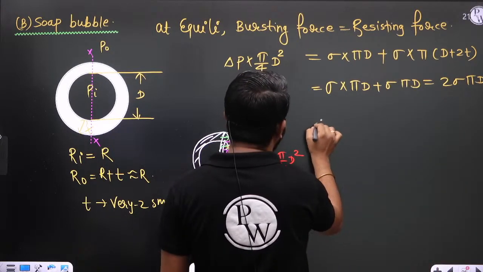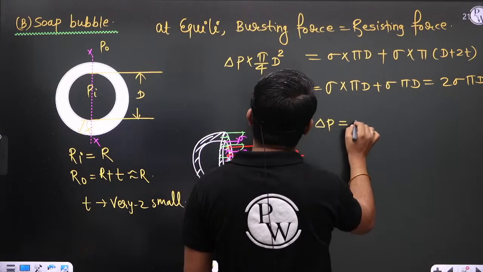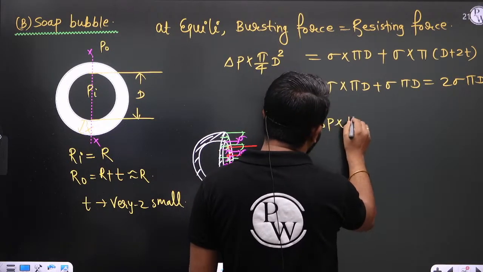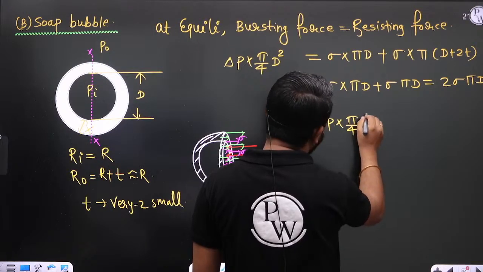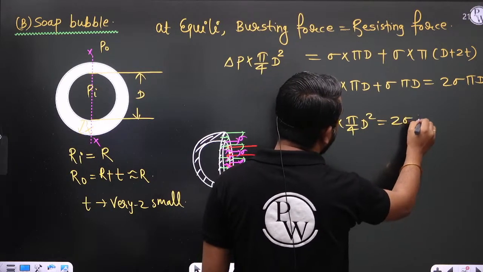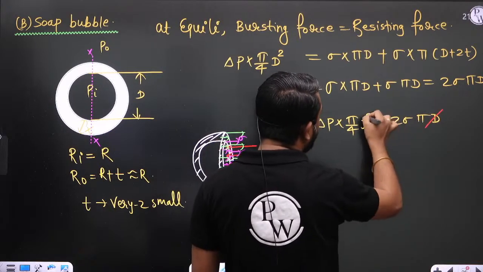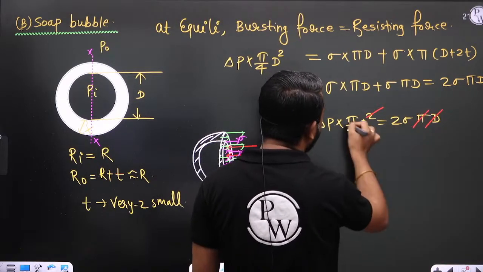So delta P into pi by 4 d square is equal to 2 sigma pi d, right? Now d cancels out, pi cancels out.